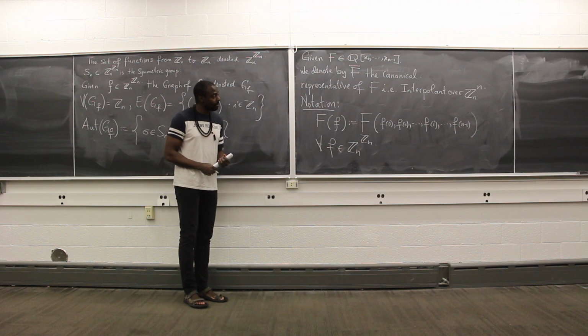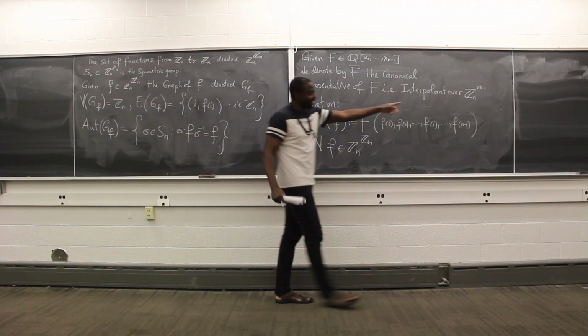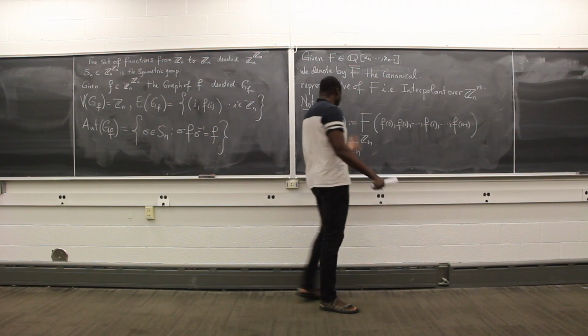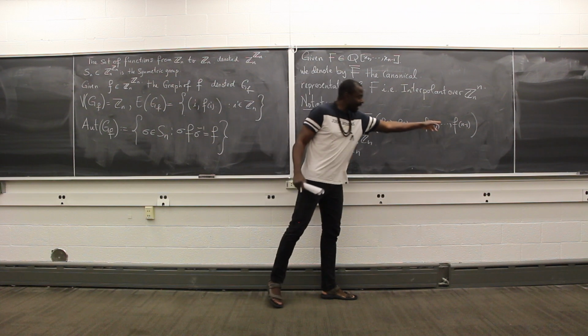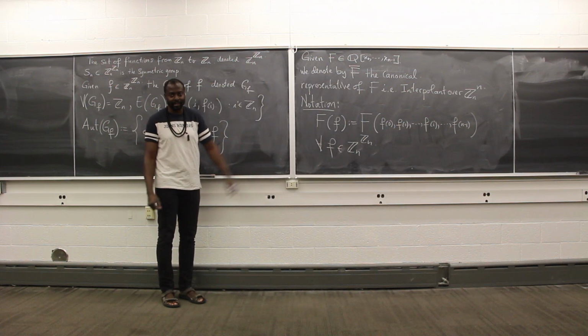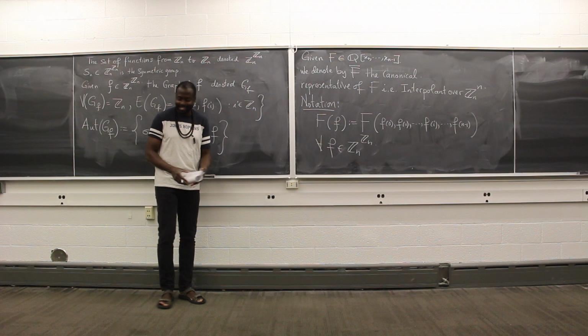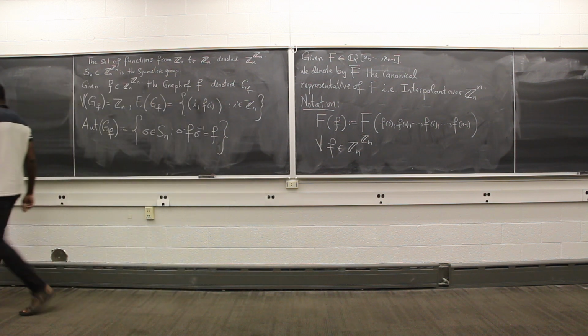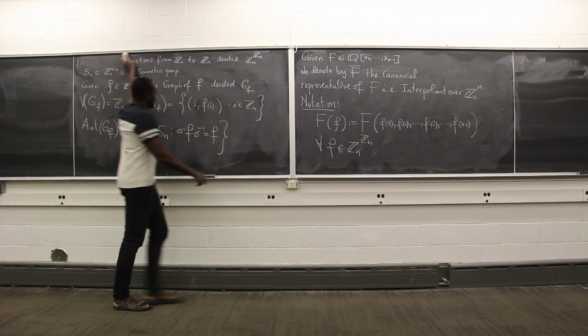So the point I want to make here is that evaluating a polynomial over this grid can be seen as picking some function in Zn to the Zn and plugging its values for x0, x1, and so on. This is a very important part of the discussion, so I want to make sure we're on the same page. Is it clear? Should I do an example? All right, let's do an example. If an example is helpful, please do not hesitate to ask.